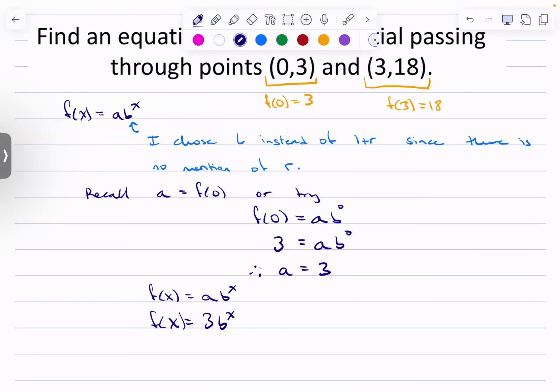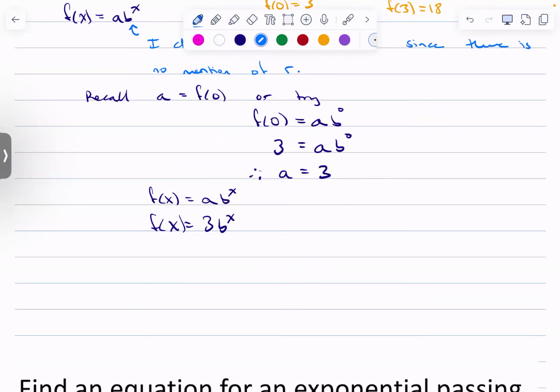But we're also told that f of 3 has to be 18. And so that's what we're going to use to solve for b. So now use f of 3 equals 18 to solve for b.